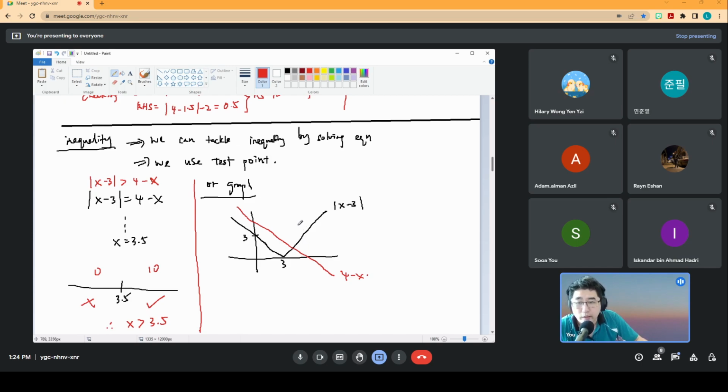I need black greater than red. You see that there is a point here, 3.5. The black is greater than red, so it's x greater than 3.5. So we can use a graph to solve the questions. Understand?